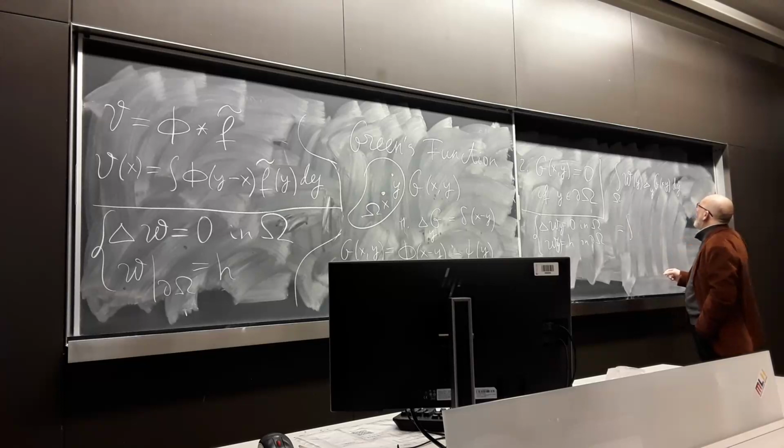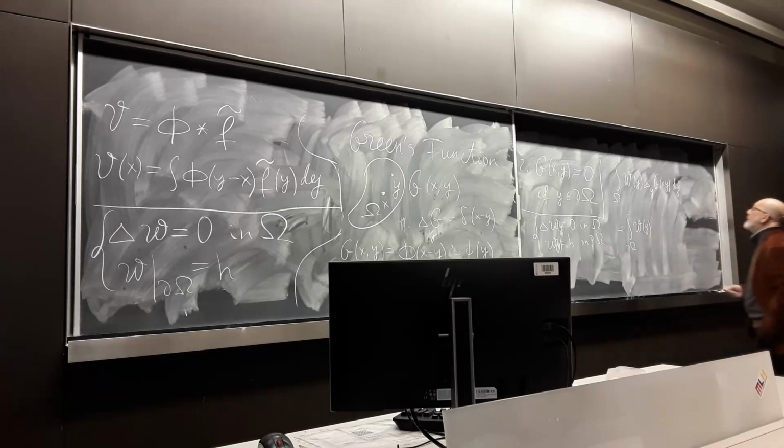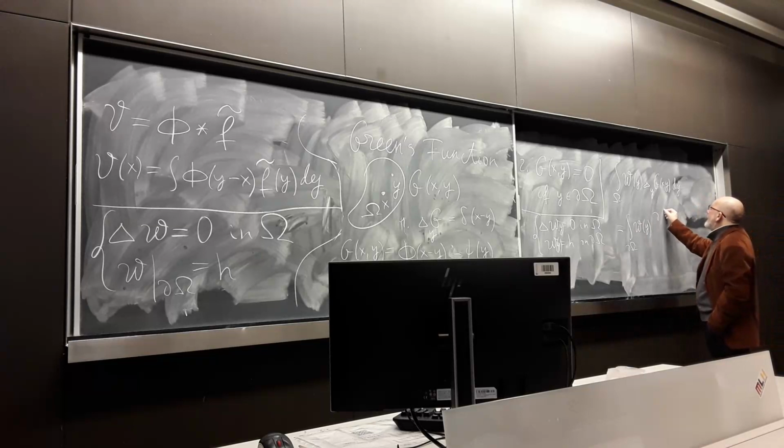the integral, if you integrate it by parts, over the boundary of omega of W of y times the normal derivative of g of x, y with respect to nu y, ds.